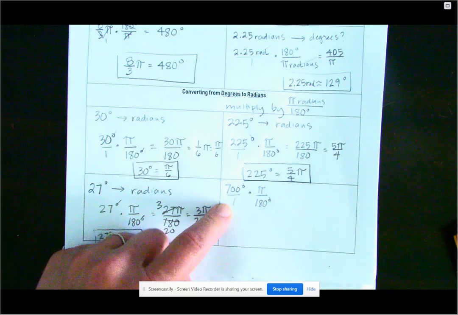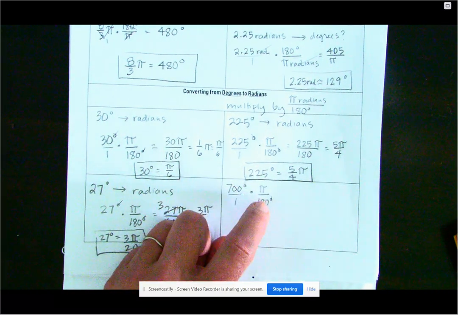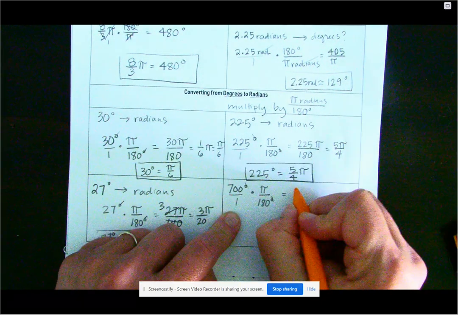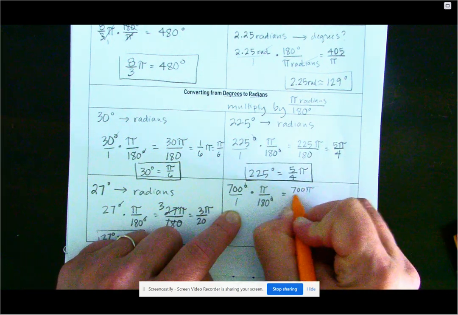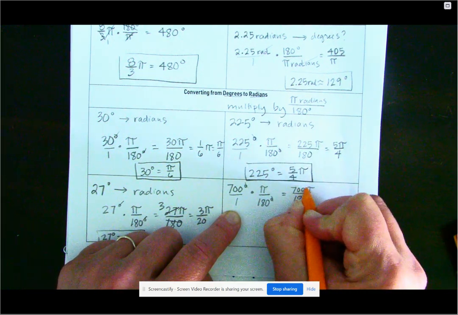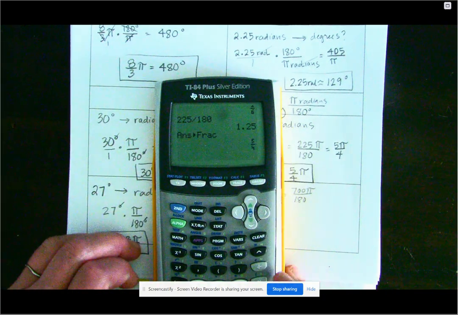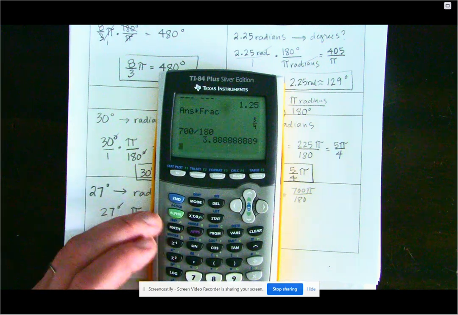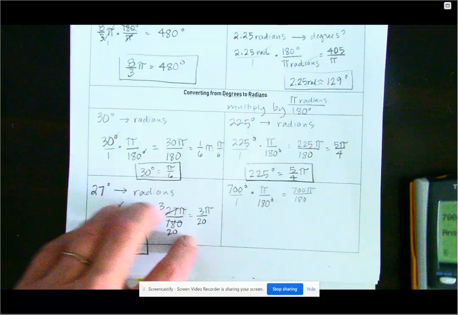Some of you might say, aren't we just really dividing by 180? Yes, when you multiply by pi over 180, this ends up being dividing. 700 pi over 180. Boom, I know the zeros cancel out, divide by 10. I'm just going to use my calculator, my friend. 35/9 pi. What in the heck?